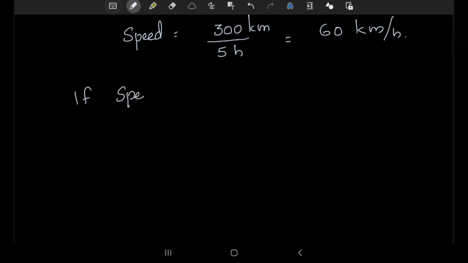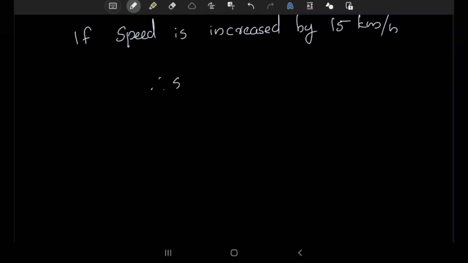If the speed is increased by 15 kilometer per hour, then the speed will become the former speed of 60 kilometer per hour plus the increased value of 15 kilometer per hour.